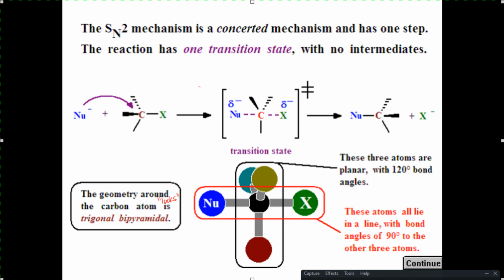We've got the 3 atoms that were originally attached to the carbon in a trigonal planar geometry, and then the nucleophile and the halogen are in a linear geometry. That is the trigonal bipyramidal geometry for an SN2 reaction.